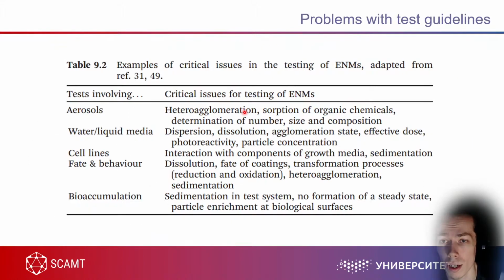Because of this, there are a lot of critical issues with test guidelines connected with ecotoxicology. Because of course most of the particles will agglomerate and aggregate when they are emerged in our environment. There can be some dissolution, agglomeration, a lot of questions with effective doses. So particle concentration, what can happen to coatings of these nanoparticles?